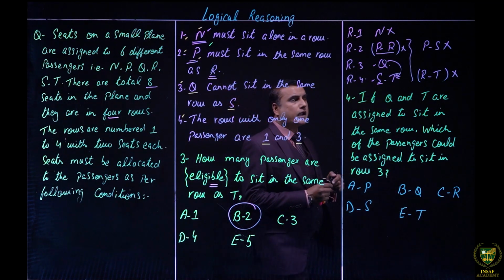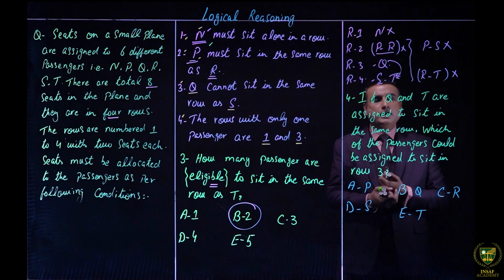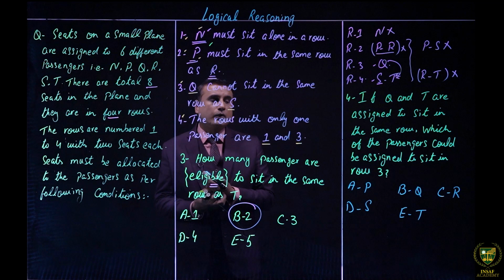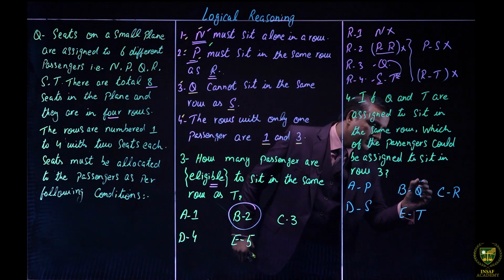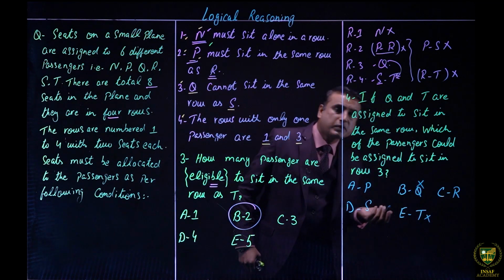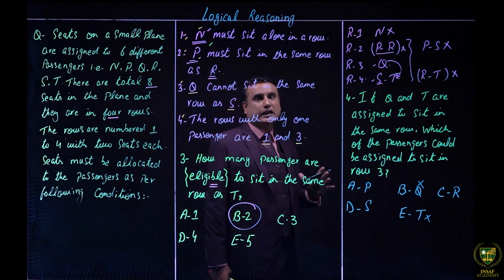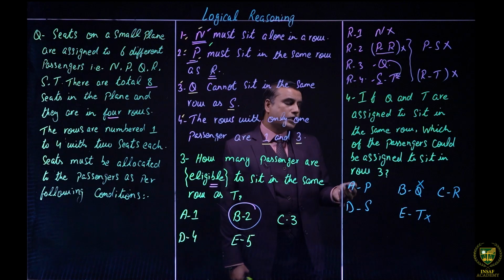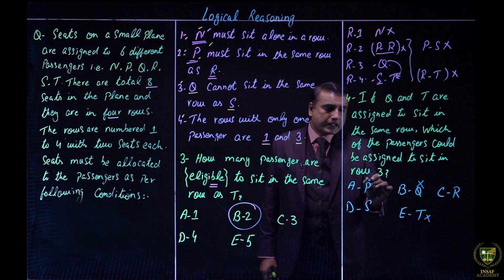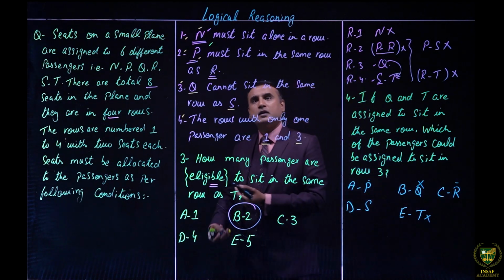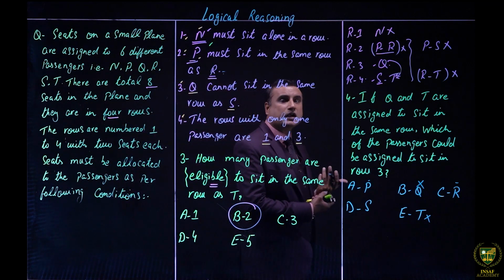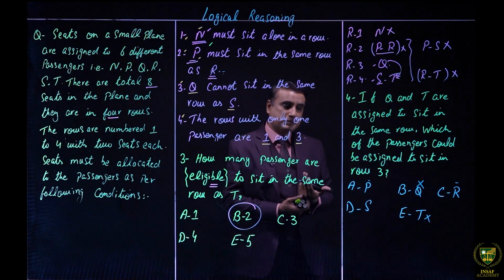Now if Q and T are assigned to sit in the same row, तो Q और T जो है वो तो क्या हुए, automatically they must be excluded. इनका तो कोई क्वेश्चन ही नहीं बनता. Then we know that P and R they must be sitting together. इनको भी क्या करना है, इनको भी साथ ही बैठना है.